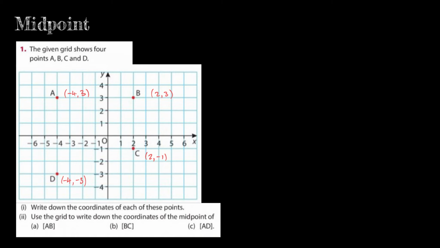So the midpoint is going to be your x values added together, x1 plus x2 all divided by 2, comma y1 plus y2 all divided by 2. So it's your x values added together divided by 2, your y values added together divided by 2.